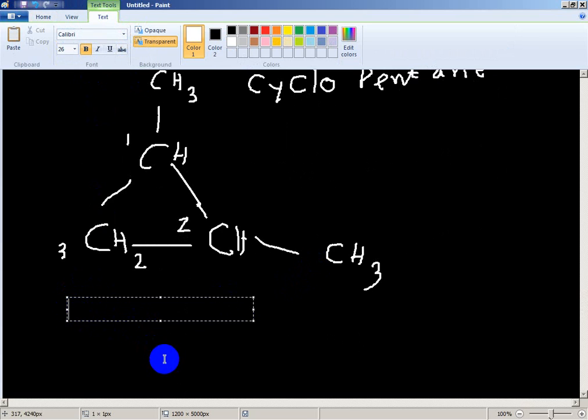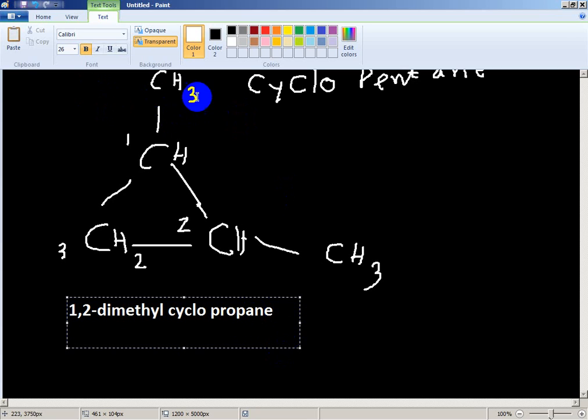Okay, now I should write this way. At first cyclo, like cyclopropane. So 1, 2 dimethyl cyclopropane. Okay, 1, 2 dimethyl. Okay, this is the line formula. What will be the line formula of this compound?